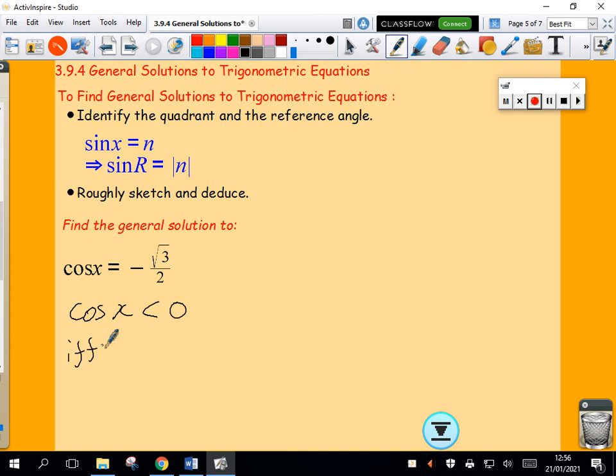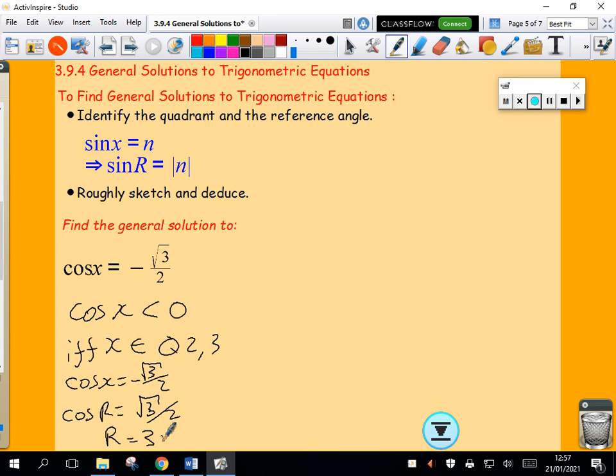Cosine is positive in quadrants 1 and 4, so it must be in quadrants 2 or 3. The reference angle: if cosine of x is negative root 3 over 2, then cosine of the reference angle is positive root 3 over 2. And I'm hoping you know that that means the reference angle, once again, is 30 degrees.